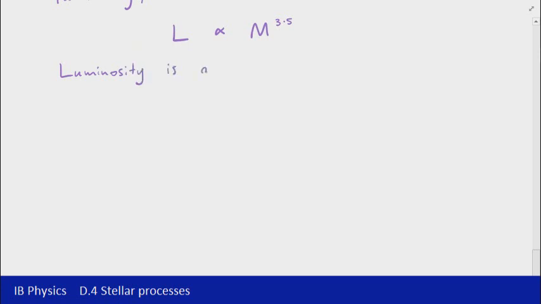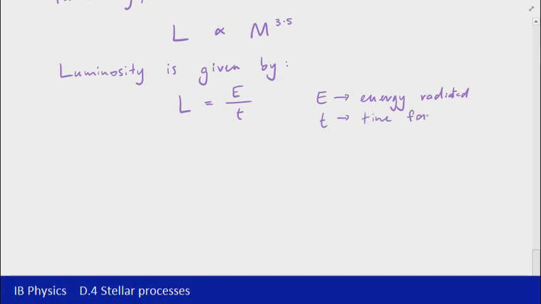So luminosity is given by the equation L equals E over T, where L is the luminosity, E is the energy radiated, so the total amount of energy radiated by the star, and T is the time for which hydrogen is being burnt, the time for which hydrogen is fused.